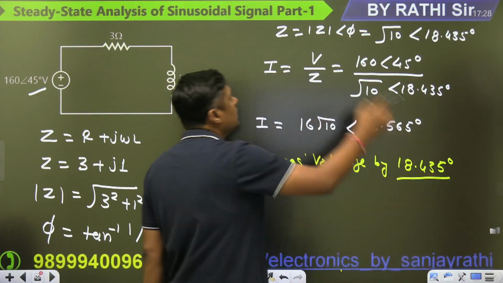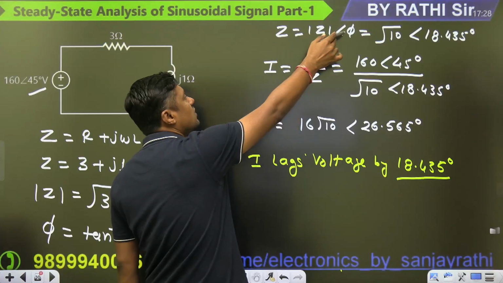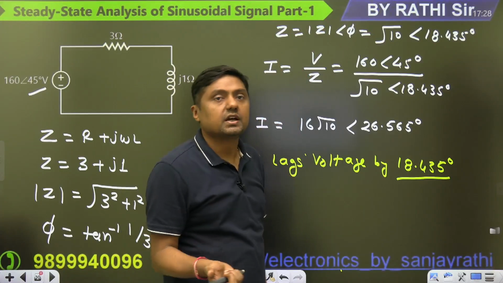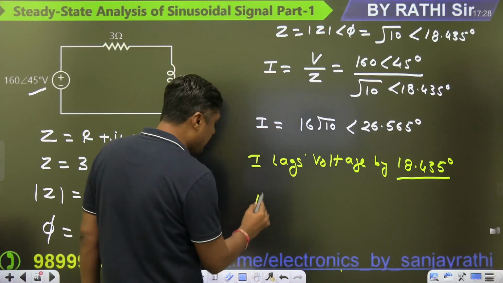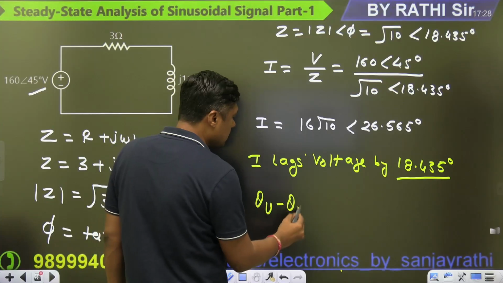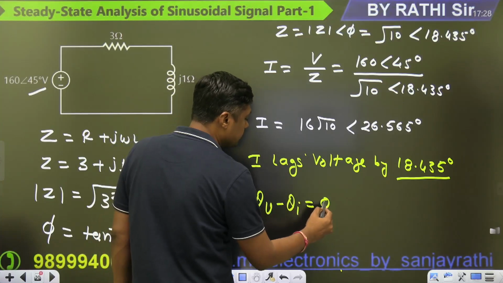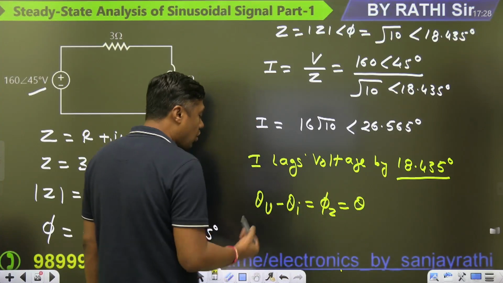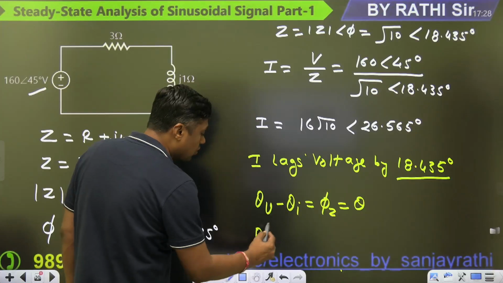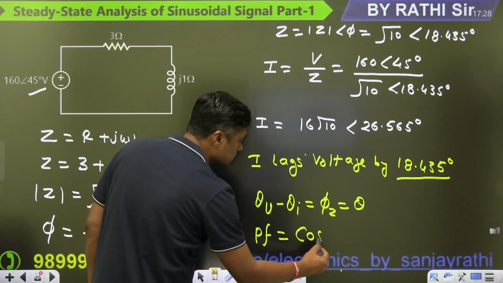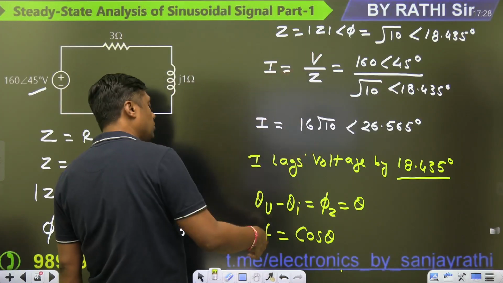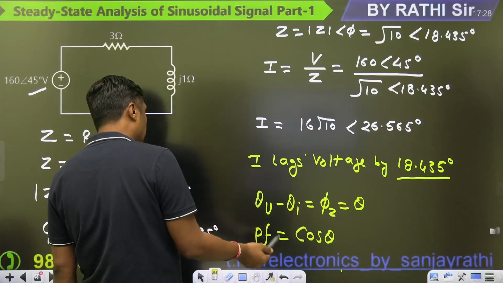So that angle of Z itself, this is phi or theta, is the phase difference between voltage and current. Directly here theta V minus theta I is nothing but theta Z, phi Z, or this is called theta. So what is the power factor? Cos theta. So you can directly get the angle of Z and it will give you theta, and you can find the power factor.